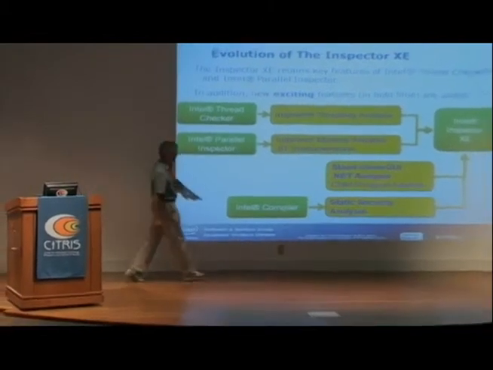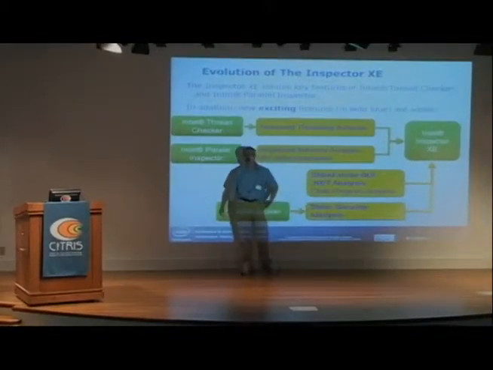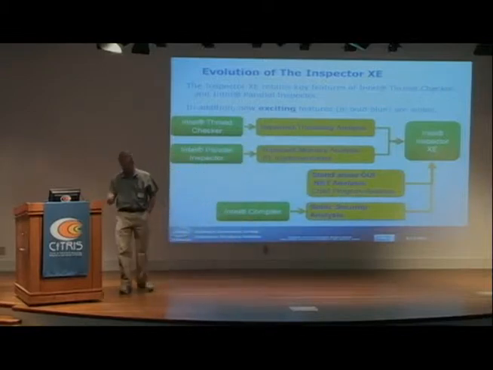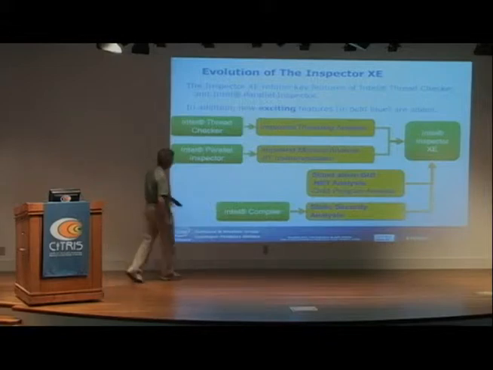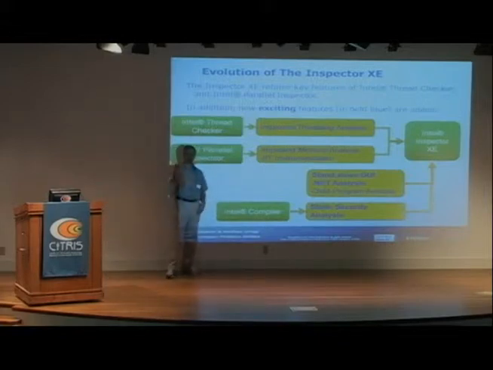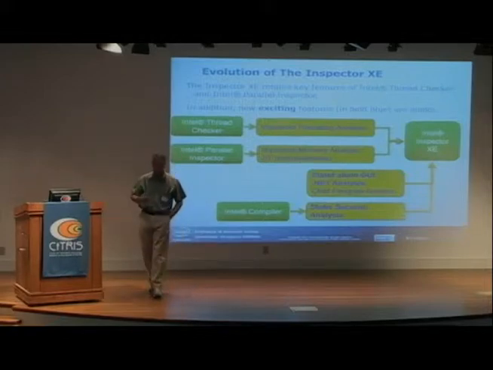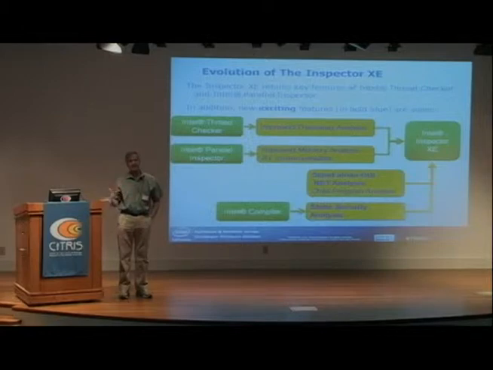Something I'm perhaps not going to talk a great deal about, but probably should mention just for the sake of completeness, is that if you get the full Intel Inspector XE package, there is a static security analysis capability that comes along with it. We've basically taken the Intel compiler and we can scan through the sources and list a few thousand different types of errors that can be statically detected by a compiler in one pass.